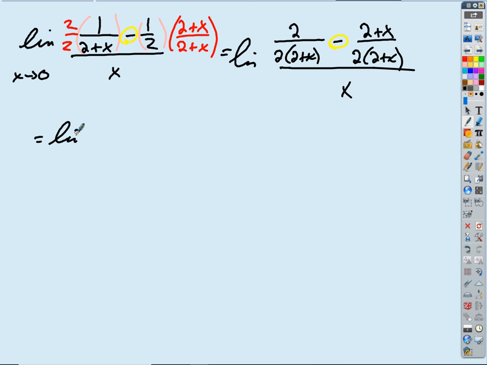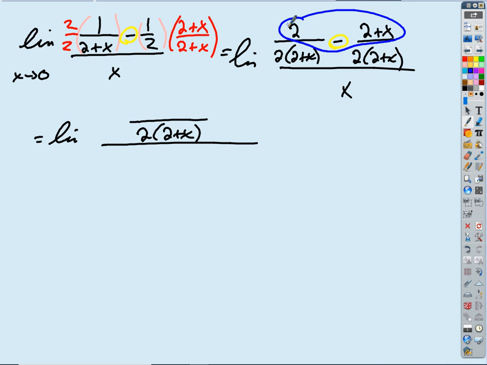Which equals the limit of, well, now I've got my common denominator on the top. So all I've got to do is combine the numerators, right? So the numerator on top is just going to look like all that stuff. It's going to look like 2 minus the quantity 2 plus x.